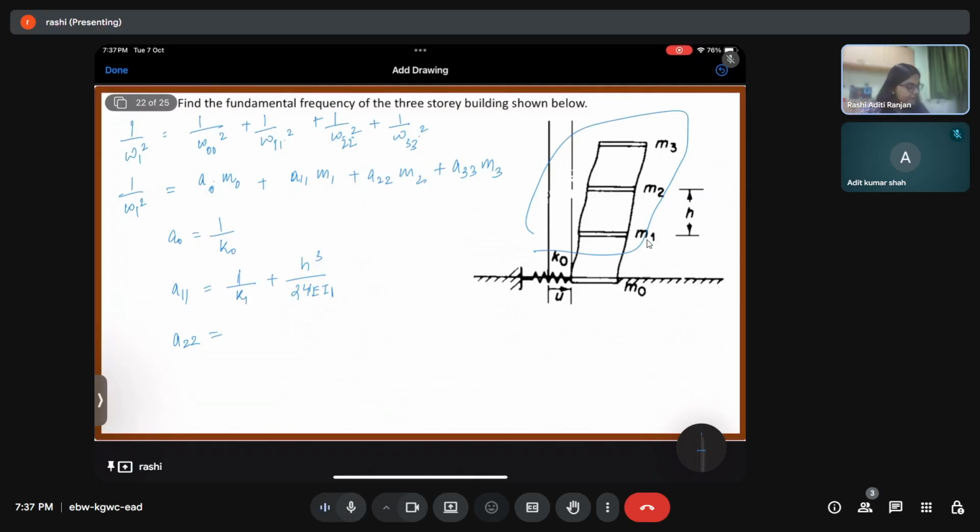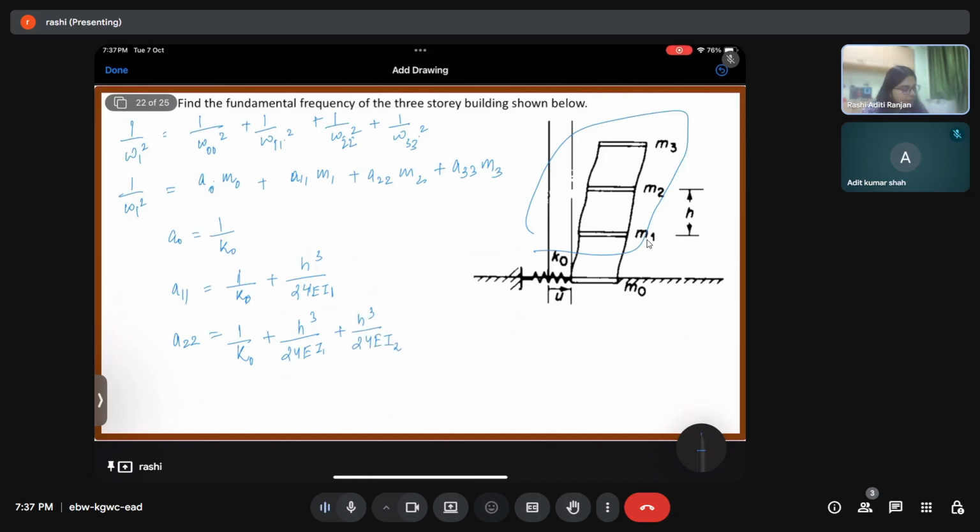So in that case, we can write A22 as 1 by, just a second, this should be K naught, 1 by K naught, because stiffness for other elements are not present over here, plus H cube by 24 EI1 plus H cube by 24 EI2.